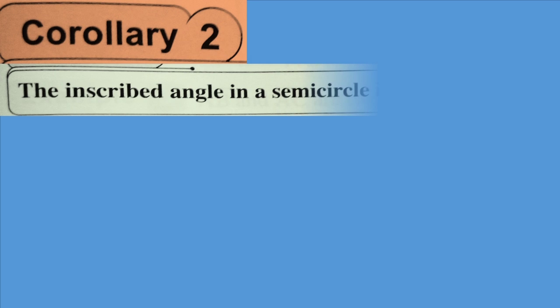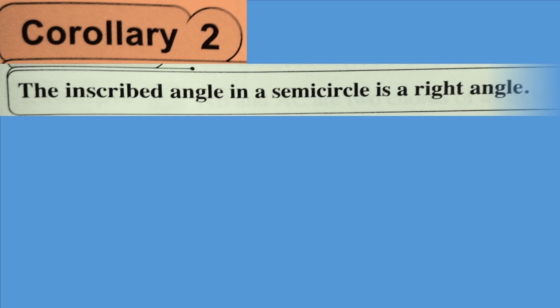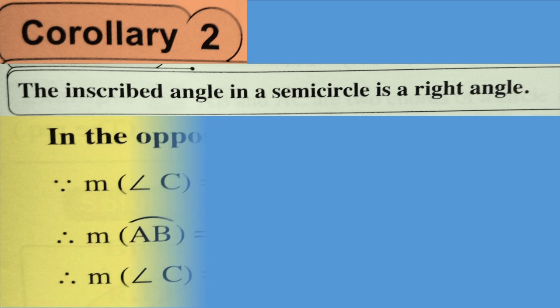Let me review query number two to you. The inscribed angle in a semicircle is right. We know that the measure of the inscribed angle equals half the measure of the central angle subtended by the same arc.